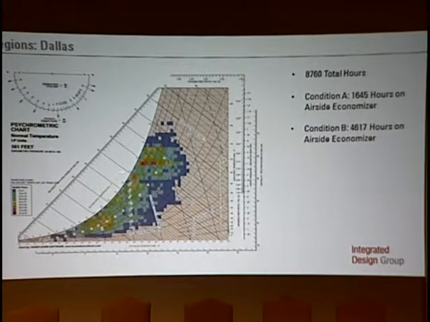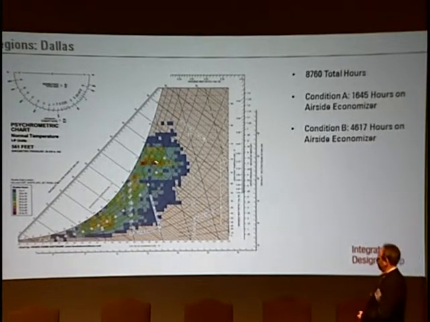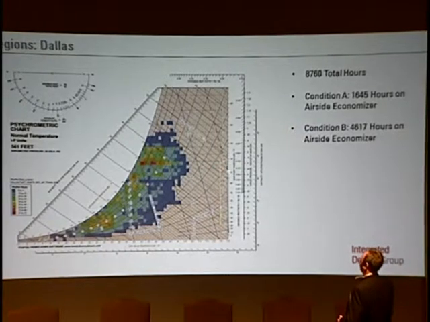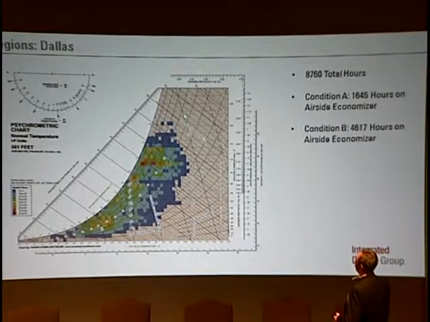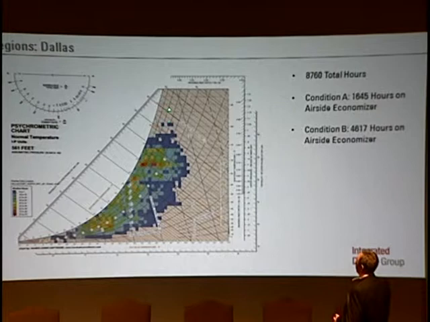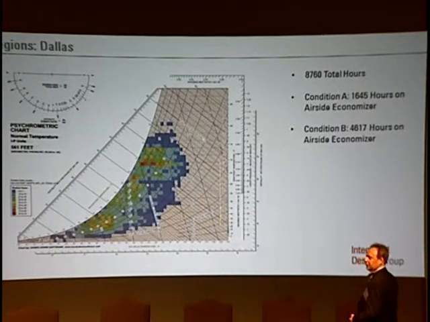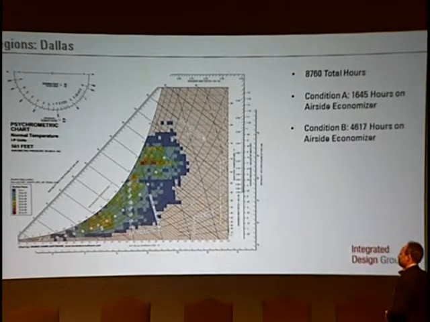Dallas, most of the hours of the year are in the 70s here, and the humidity is way up here. These relative humidity lines, 100 is saturated, 90, 80, 70. So it's pretty hot and humid in Dallas.